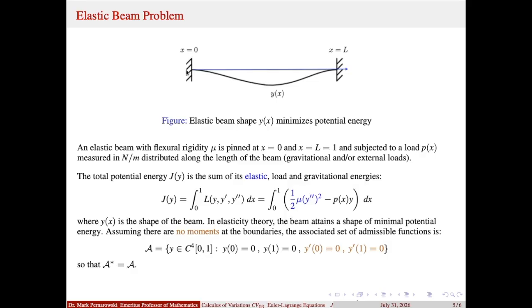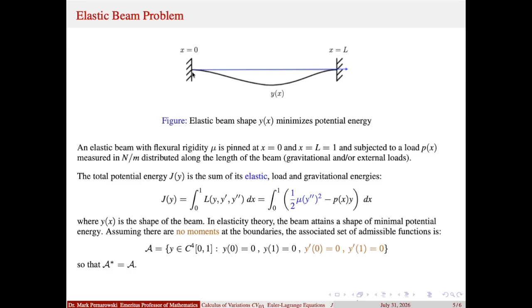It's like something level, and it comes out of there. So it's got zero slope, and then it starts to change shape. That particular case is a case of a beam which has no moments at the boundary.